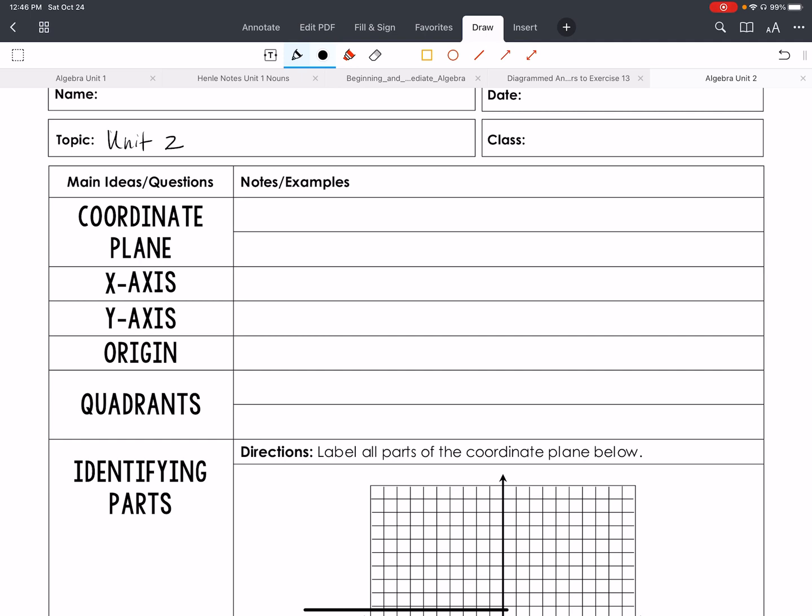So the coordinate plane is going to be defined as something that's been formed by the intersection.